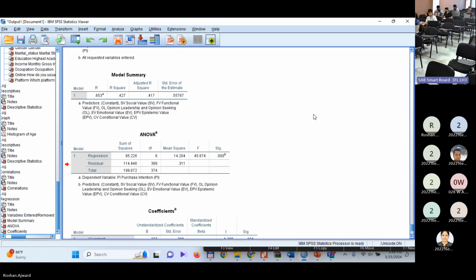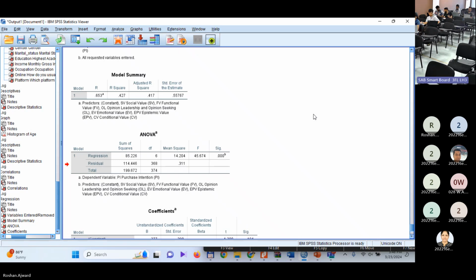Now we have discussed the model summary table. There we discussed the R squared value. It shows the explanatory power of the independent variables over the dependent variable. Now we come to the second table, the ANOVA table.